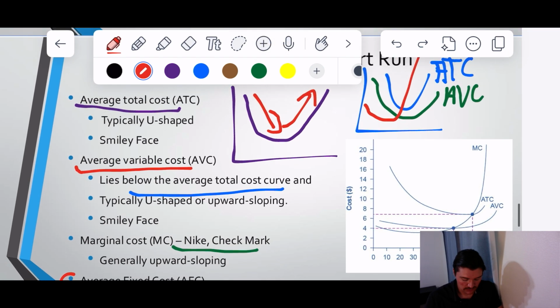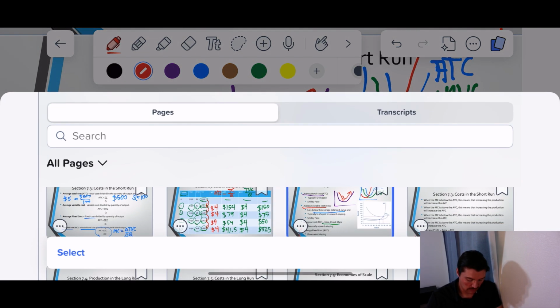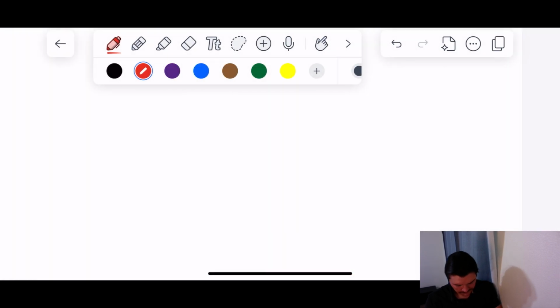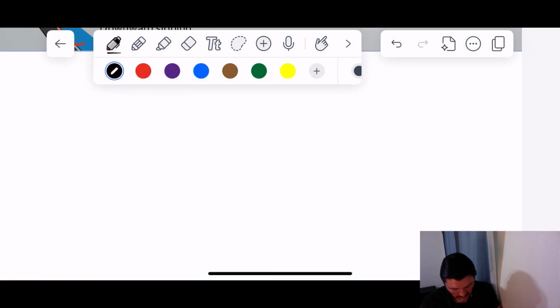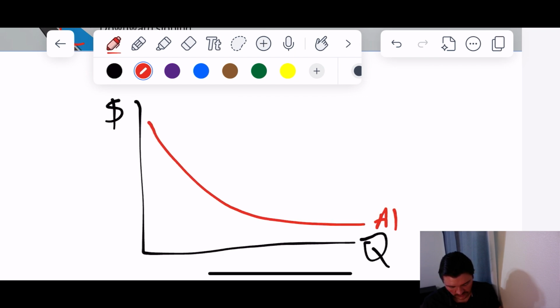So I'm going to draw these a little bit bigger so you can see them. But this is what we're going to do in terms of drawing the cost curves. So you have the total amount and the quantity that you're doing. Average fixed is going to be just a downward sloping line, just like this.